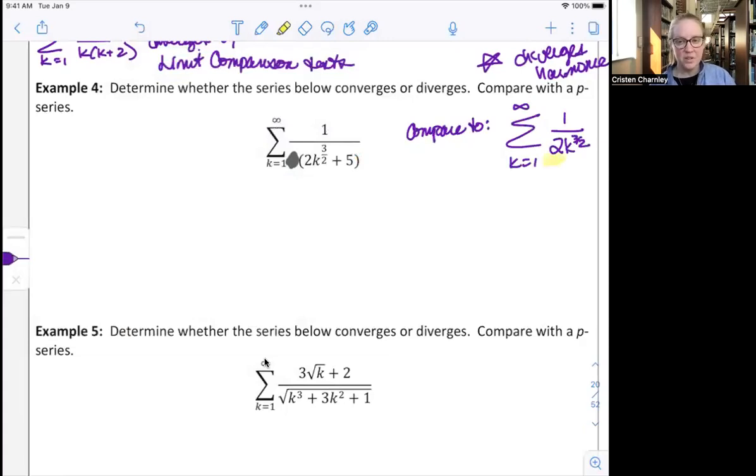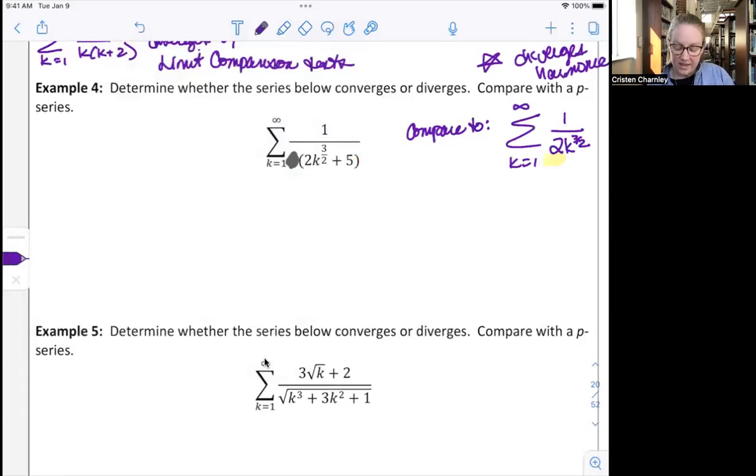So I believe the textbook just compares it to 1 over k to the 3 over 2. I'll leave the 2 there because when we did limits initially, we would have left the 2 there. But being as you're not looking for the answer, you're just looking for an answer as opposed to the exact answer, the 2 can stay or go. It doesn't matter. It won't change anything.